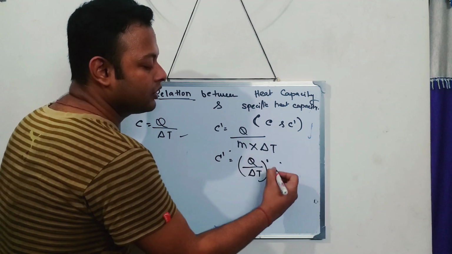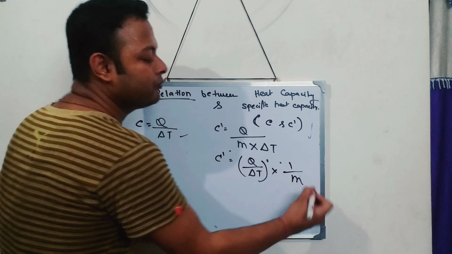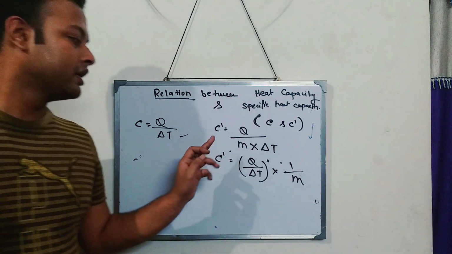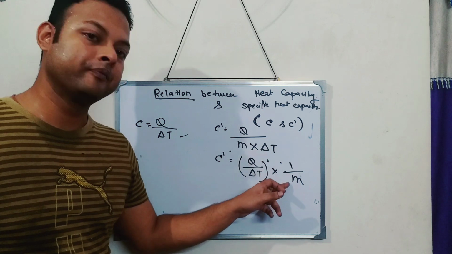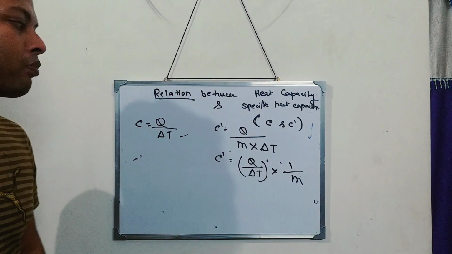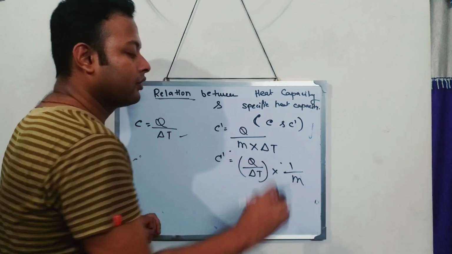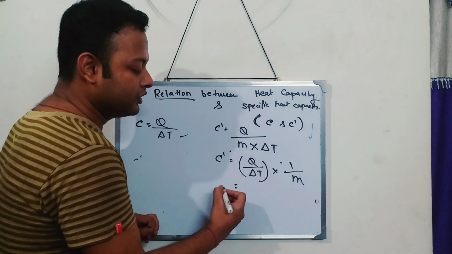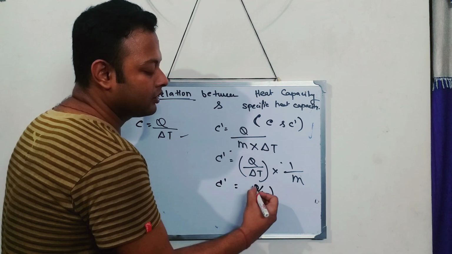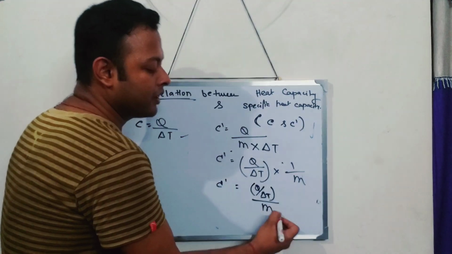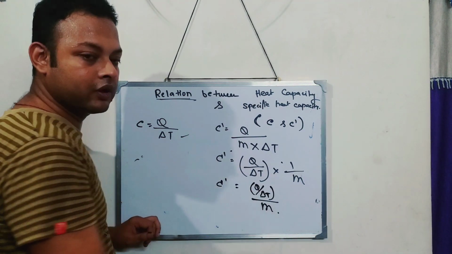Q into delta T into 1 by M. Can I write the specific heat capacity formula which I got this way? I can write. Now, can I write this formula in this way? Q by delta T by M. I can write this formula this way also.